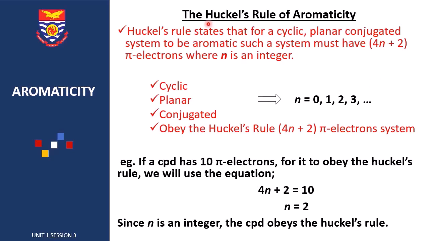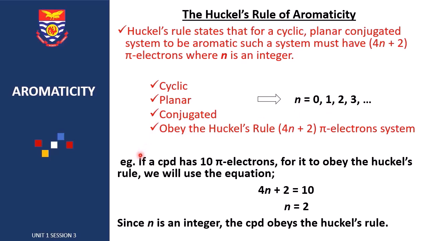Now Hückel's rule of aromaticity states that for a cyclic planar conjugated system to be aromatic, such a system must have 4n plus 2 pi electrons, where n is an integer. So n can be 0, 1, 2, 3 onwards.